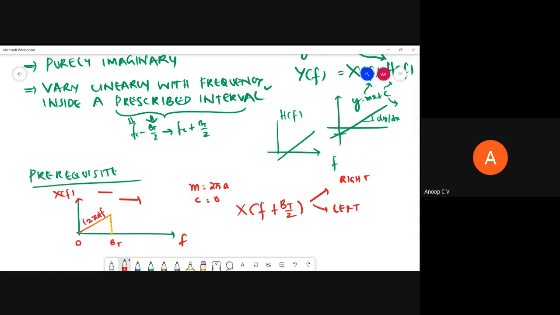Right is this, left is this. You can type in your answer in the chat window. When you are doing plus bt by 2, it will move by an amount bt by 2, that is for sure. But my question is whether it will move right or left. Sure. Why are people writing left?